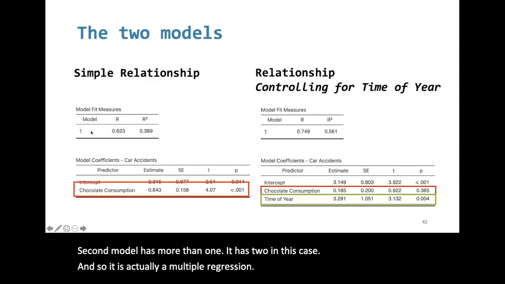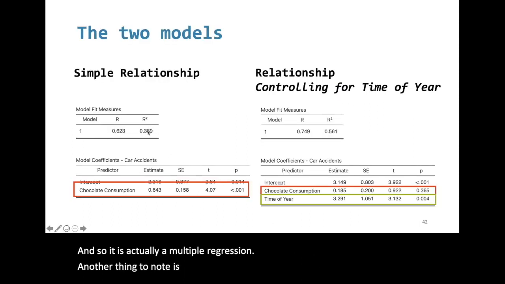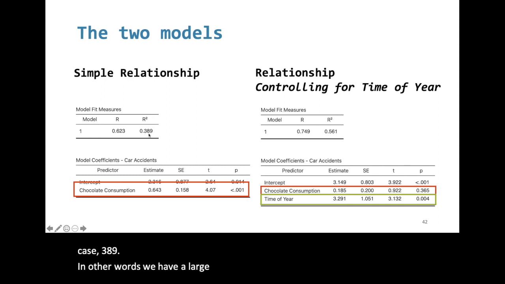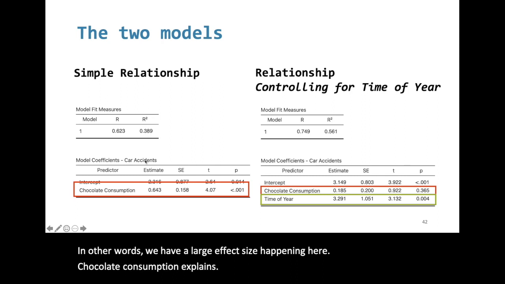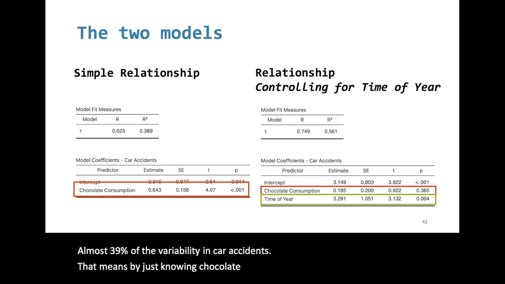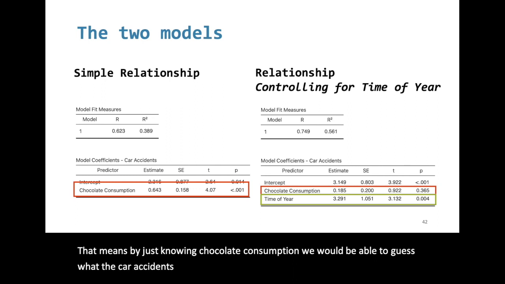Another thing to note is in both of these cases we have an R-squared value, in this case 0.389. In other words, we have a large effect size happening here. Chocolate consumption explains almost 39% of the variability in car accidents. That means by just knowing chocolate consumption, we would be able to guess what the car accidents number is pretty well.